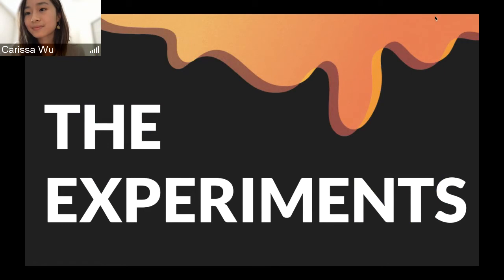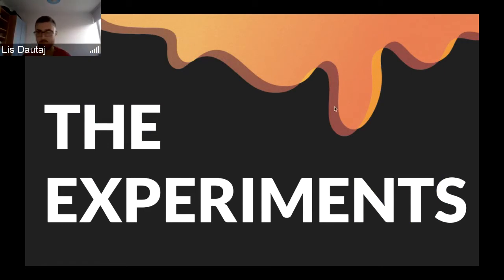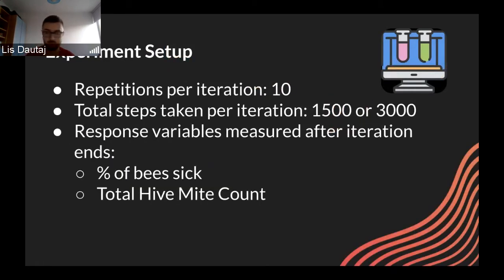All right, so from now, me and my colleague Eli will guide you through some of the experiments we did. First, we used the same setup for all of our experiments to be consistent. We used 10 repetitions for each iteration for good measure. The total steps or ticks each run did was 1,500 or 3,000.